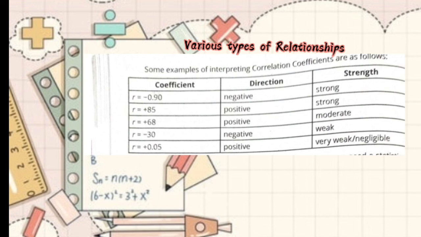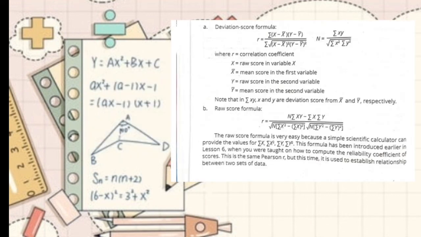In actual practice, we deal with test scores, so the data set is at the interval and ratio level of measurement.